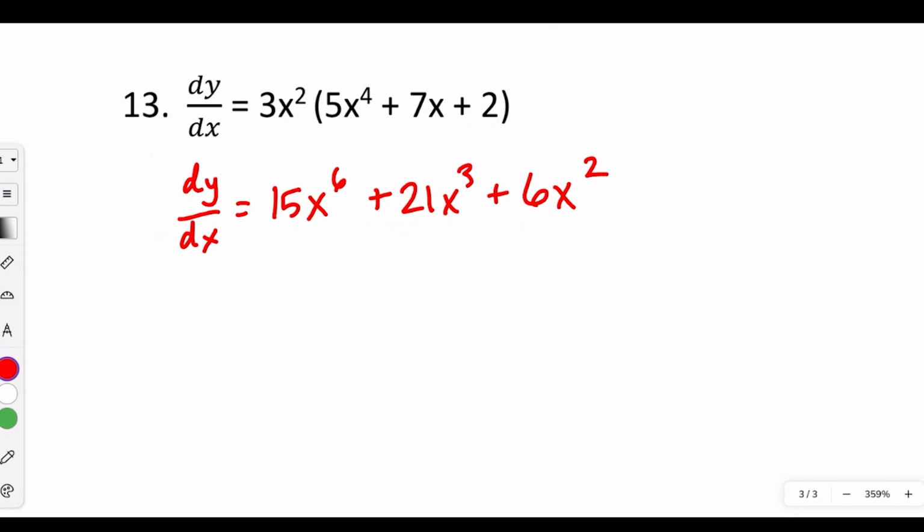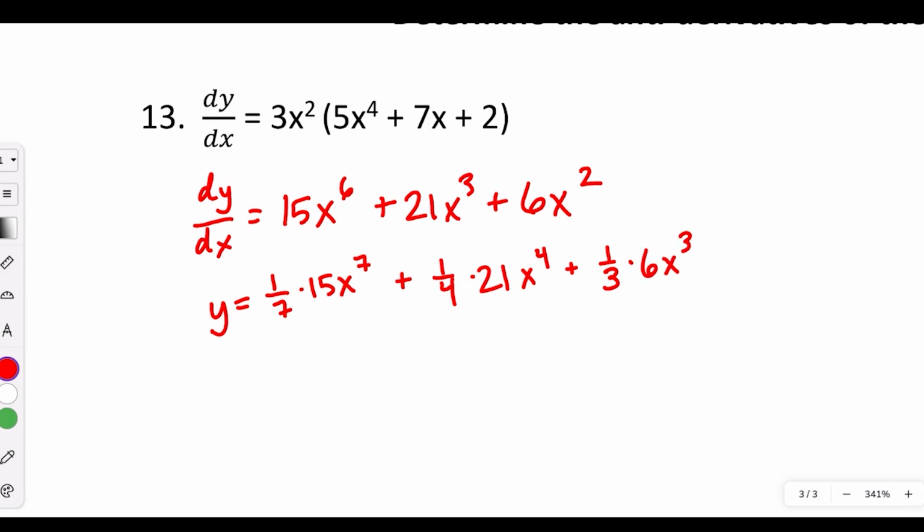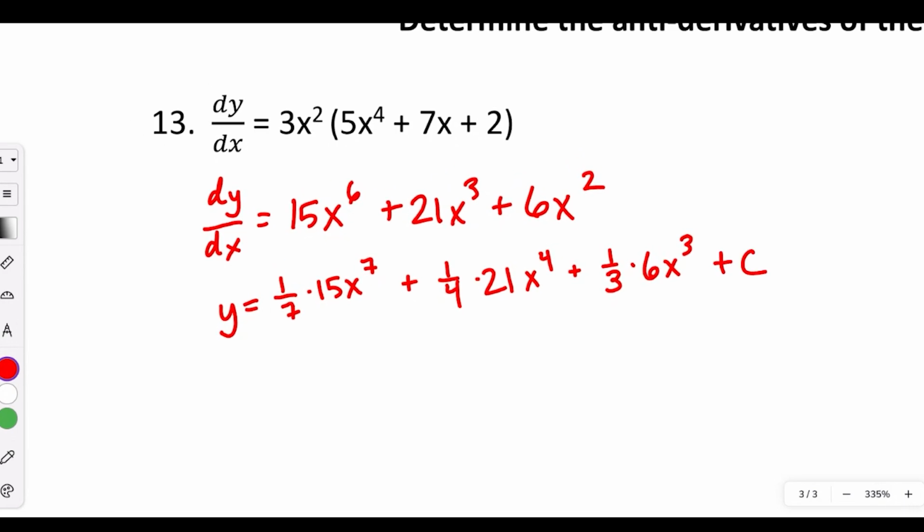All right, so let's see if we can do this. This is going to be y equals 1/7 times 15x to the 7th plus 1/4 times 21x to the 4th plus 1/3 times 6x cubed plus c.